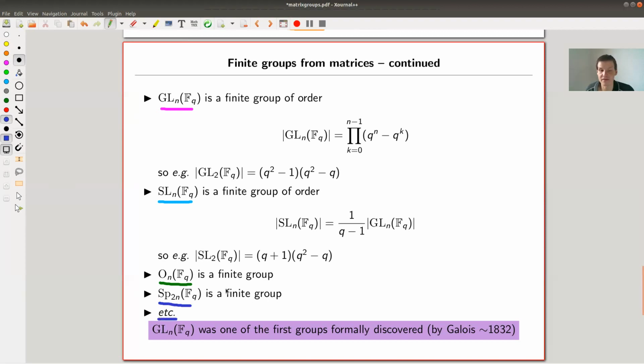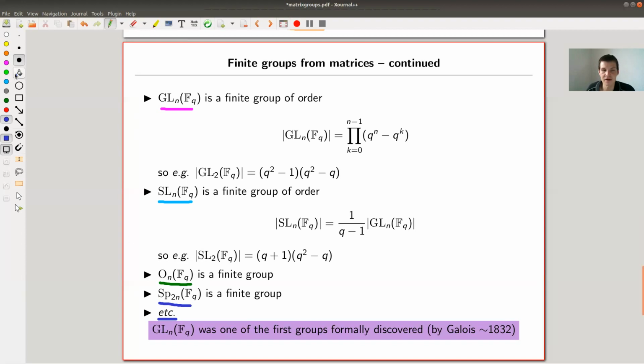You don't really need to know what orthogonal and symplectic matrices are if you don't remember anymore from linear algebra. You can look it up. It's worthwhile to know. There's a certain list of matrix groups that you can use here as your building blocks, and just feed in a finite field and you get a finite group.